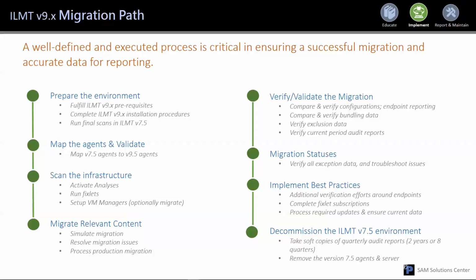That makes life a little bit easier than SneakerNet back in the day, and that tool actually works pretty well. Once you complete the base installation, there is a map agent fixlet or task provided in the ILMT area that allows you to map your existing 7.5 agents to your 9.5 agents. Again, this is a migration task that you can go through.